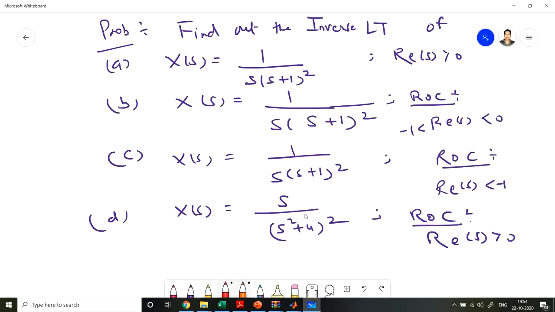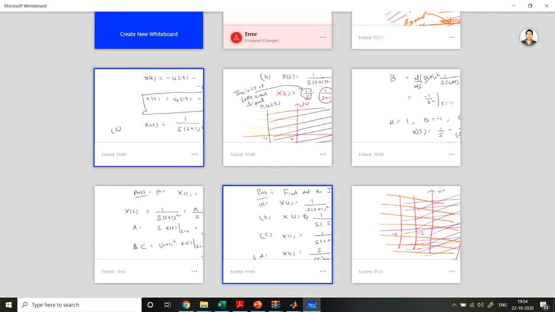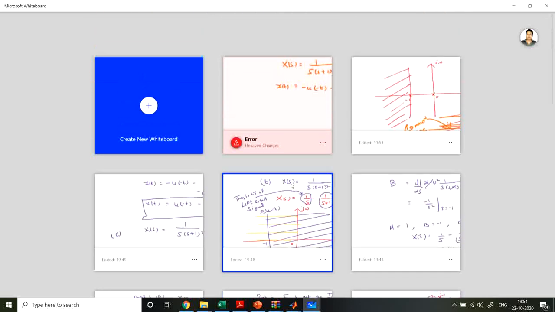So part D is s divided by s square plus 4 whole square. Okay, this is part D. Let us solve this problem, part D.